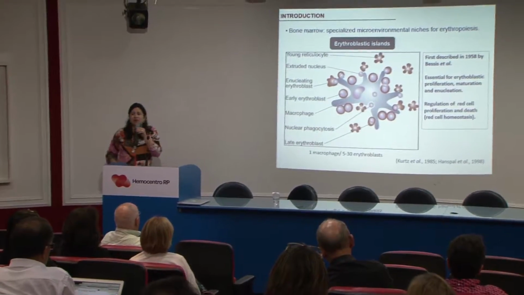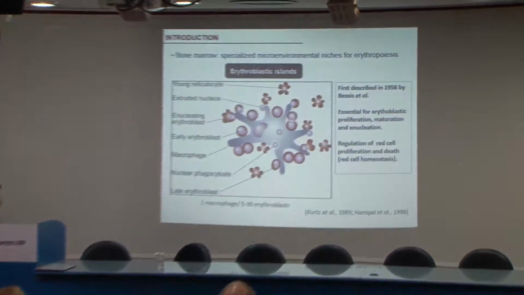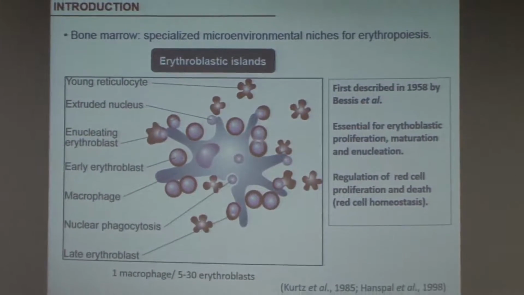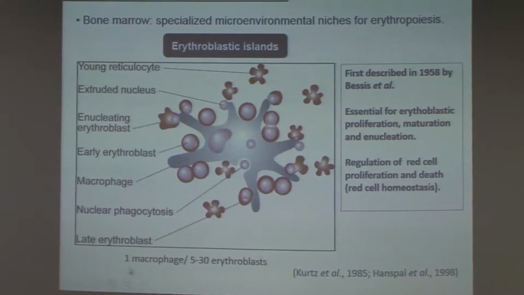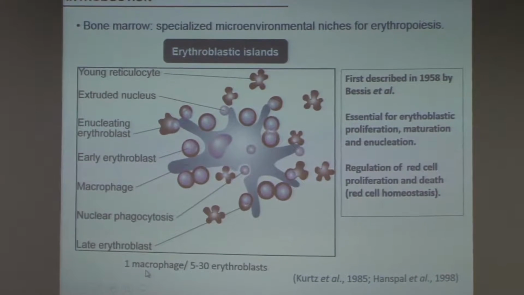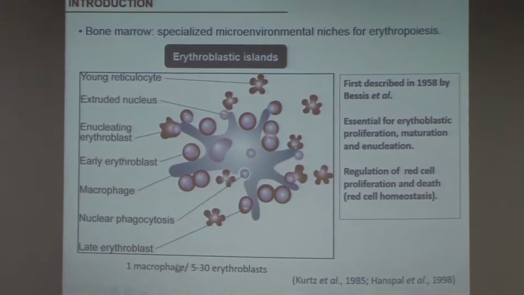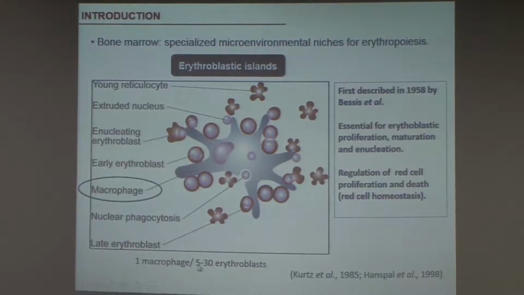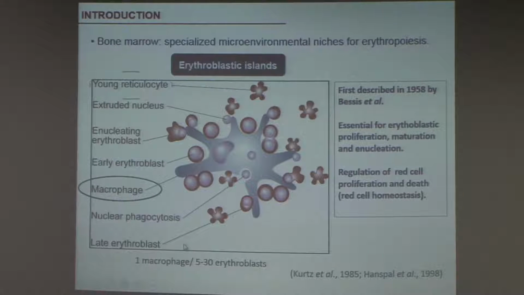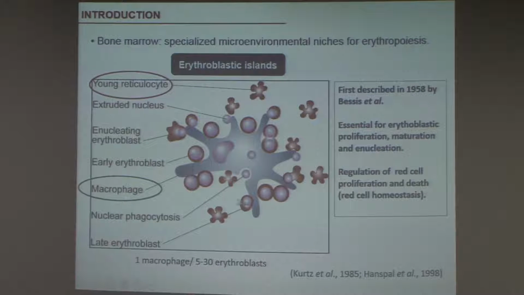And in the bone marrow, there are specialized niches for erythropoiesis called erythroblastic islands that comprise one macrophage and around 5 to 30 erythroblasts that are going through maturation from early, nucleated forms into enucleation and young reticulocytes.